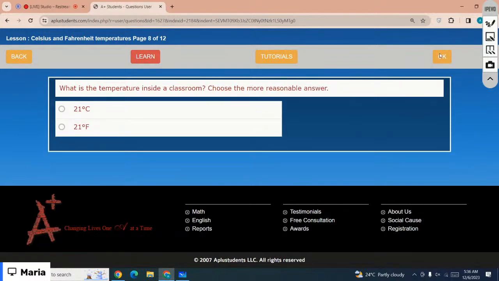What is the temperature inside a classroom? That is 21 degrees C in the classroom, right?